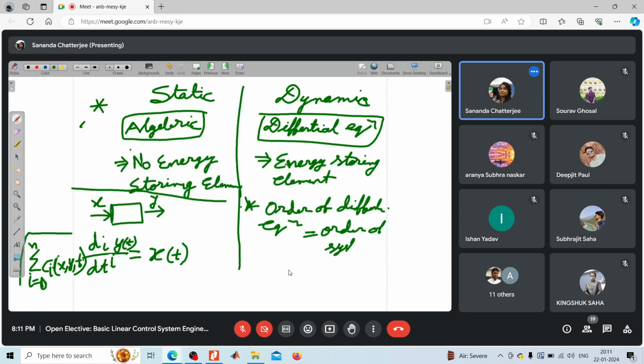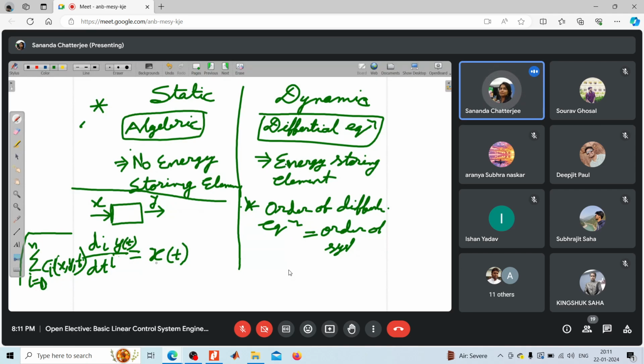And whether this function is linear: if all the ci are only functions of t, that means constant or function of t, then we will call it a linear system, because the coefficients are not dependent on the input or output function.